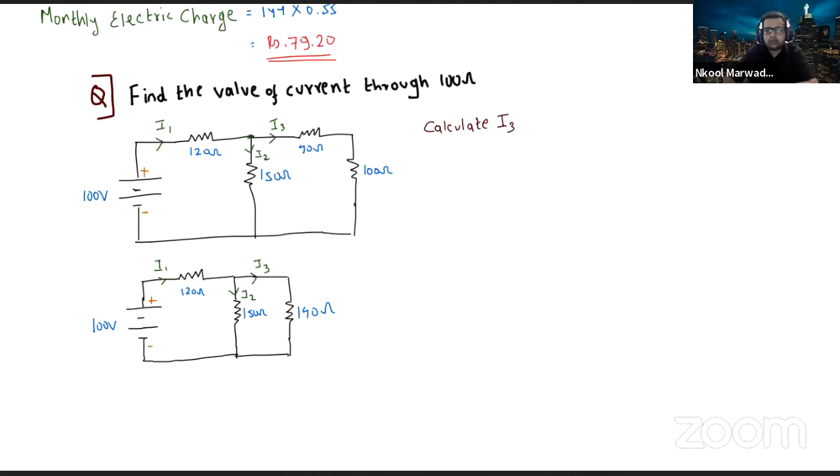So I will write R net is 120 plus these two resistances in parallel, and I know that whenever two resistances are in parallel, the net resistance will be the multiplication of both divided by the addition of both.